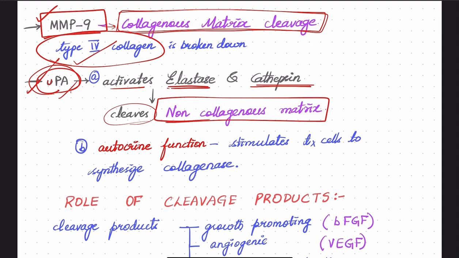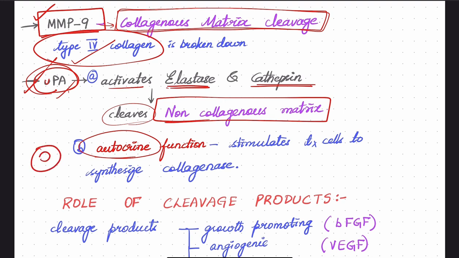Also, it has an autocrine function. Autocrine means the released product acts on the same cell which releases it, and also on neighboring, adjacent cells. For example, this is a cell, it releases a certain substance, a molecule, and it acts on this cell and also on the adjacent cells.